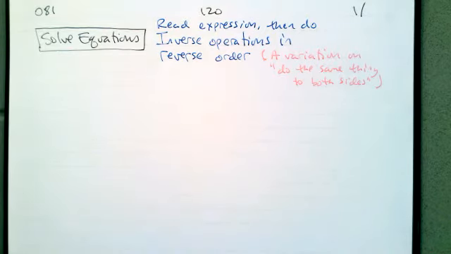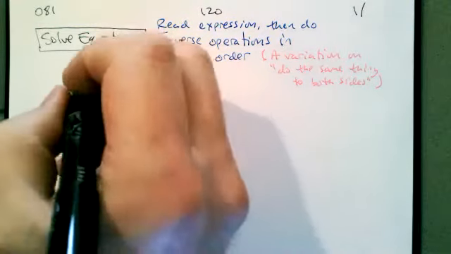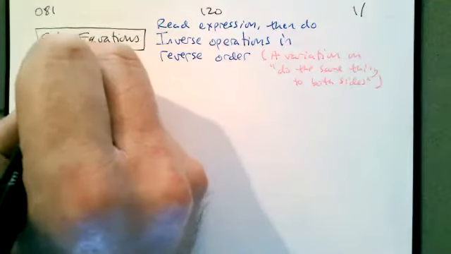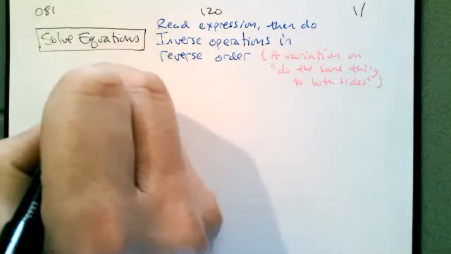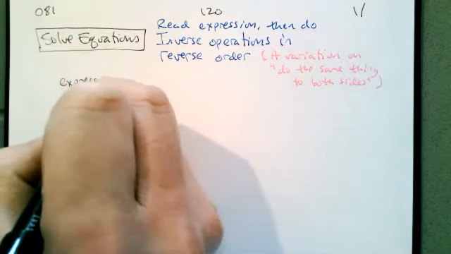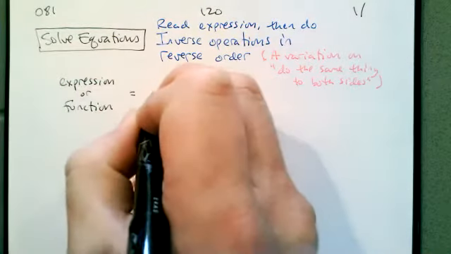So the form that we're going to have the equations is that the equation we want to solve is going to look like an expression, or some function, equals some constant.